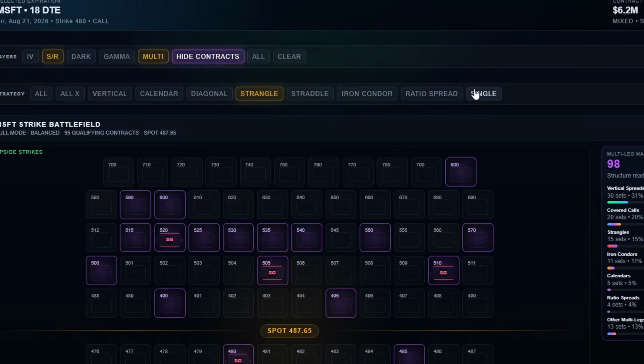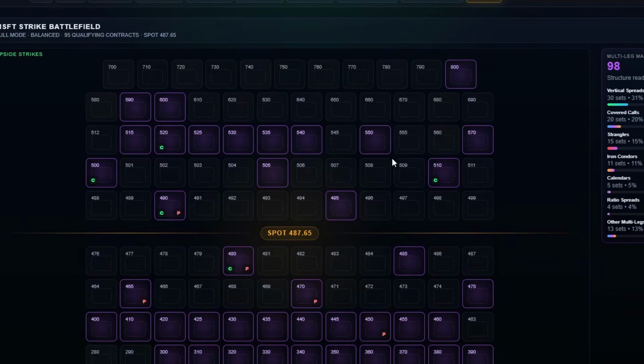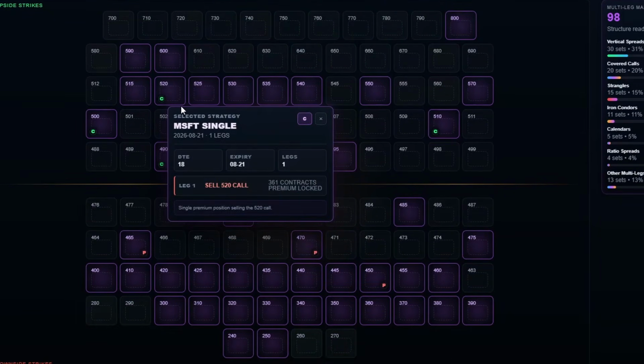All right, let's move on to single positions. The first position right here is, yeah, this is probably a covered call. Somebody has a big long position, and they're just selling a covered call to collect premium, essentially betting that the stock will not go above 520 in the next few weeks.